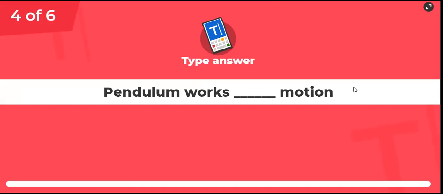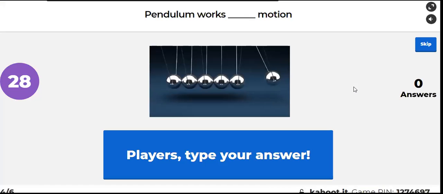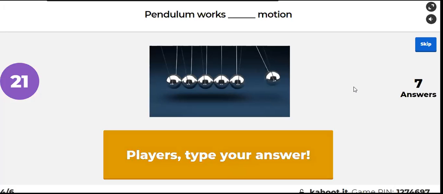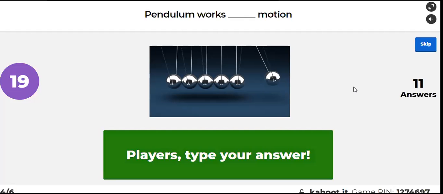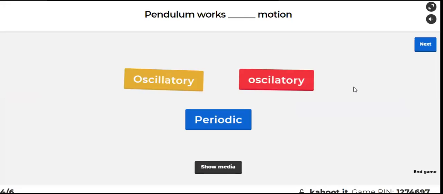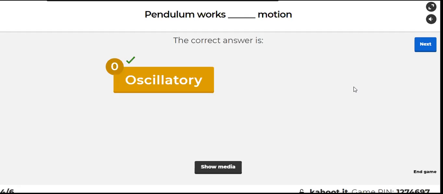Pendulum works with dash motion. Oscillatory, right? Spelling might be some issue.